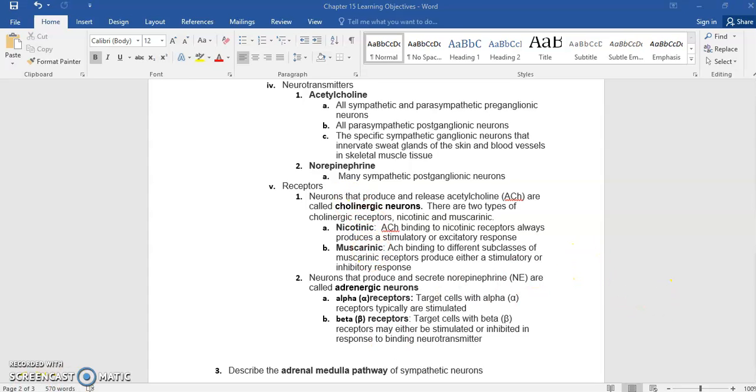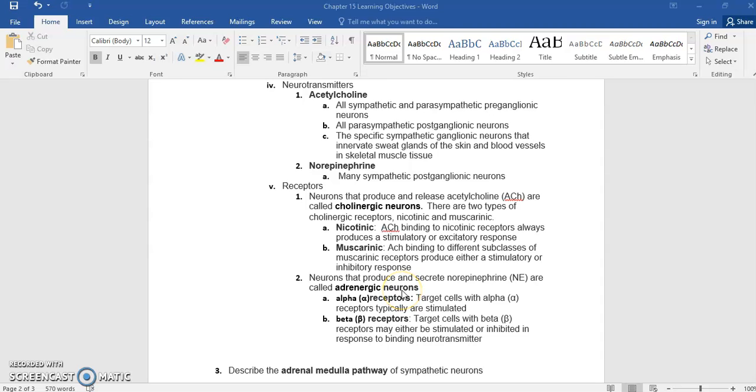All right. And then the last type of receptors. Remember we have norepinephrine. We're introducing a new neurotransmitter that we haven't talked about before. Any of the neurons that produce and release norepinephrine as their neurotransmitter are called adrenergic neurons.